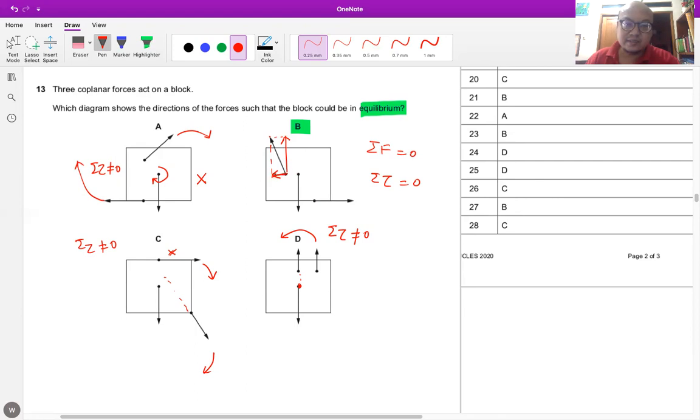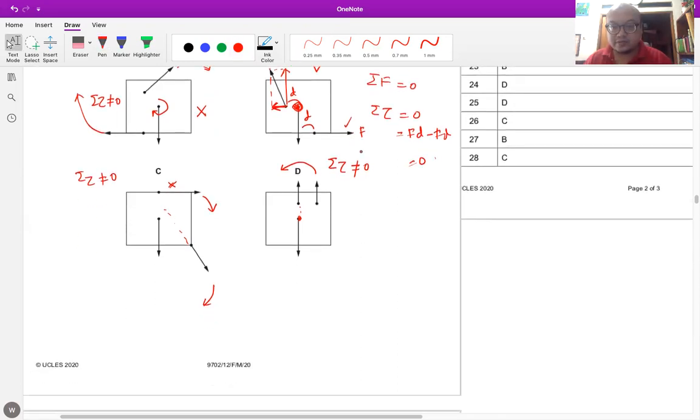Because this frictional force and this one work at the center point, so they only have this one and this one, and the distance is D for both. Let's say this is F and this is F, so it is FD minus FD, which equals 0. Yes, correct. The answer is D.